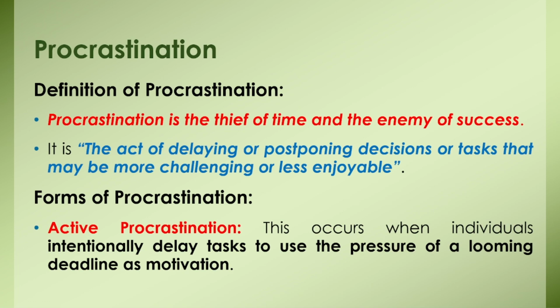The first one is active procrastination. This occurs when individuals intentionally delay tasks to use the pressure of a looming deadline as motivation, and we said that this is dangerous. Don't test yourself in this.